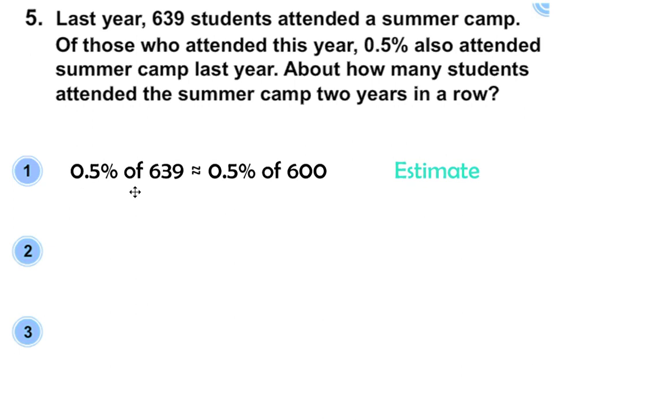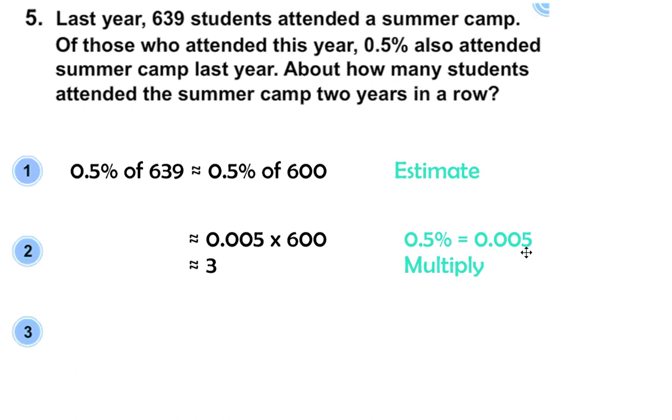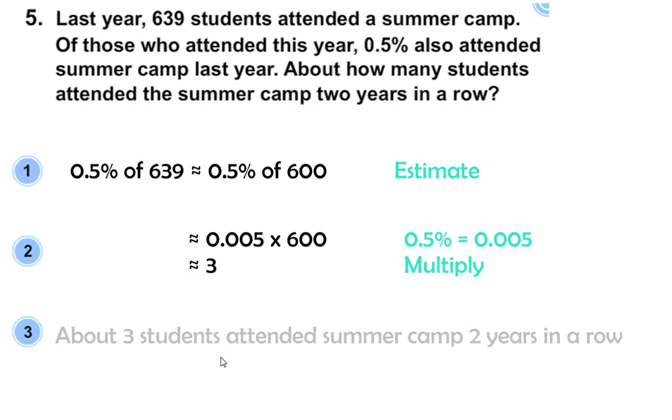I estimated 639 to be about 600. That way it was easier to multiply these numbers mentally. So 0.5% equals 0.005. Multiply that times 600, and I got about 3. So about 3 students attended summer camp 2 years in a row.